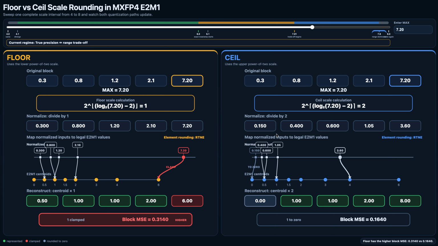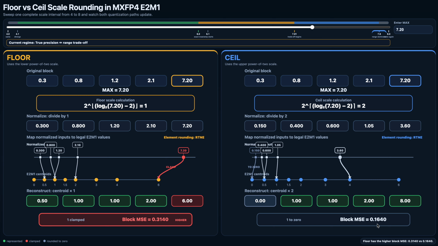Now when you take these normalized numbers and try to map them to legal E2M1 element values, your max gets mapped nicely to 4. There is no clipping. All the other values correspondingly get mapped to 0.5 and 1. But there is another effect here, that the lowest value, 0.15, gets mapped to 0, meaning there is an underflow.